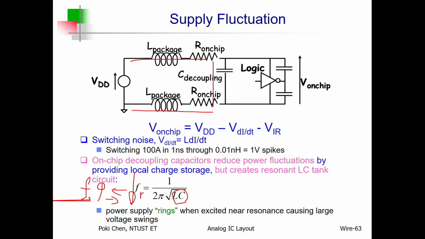You either get even more capacitors for decoupling to push the resonance frequency much lower than your operation frequency, or you can lower your operation frequency to make it far away from your resonance frequency. Anyway, anyhow, it's up to you. Okay, make the right decision for your chip.